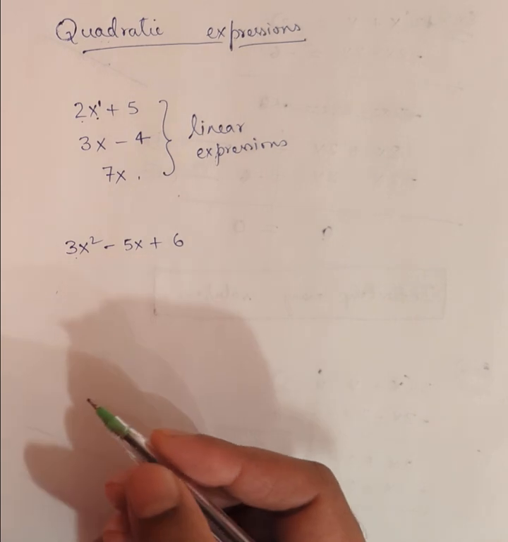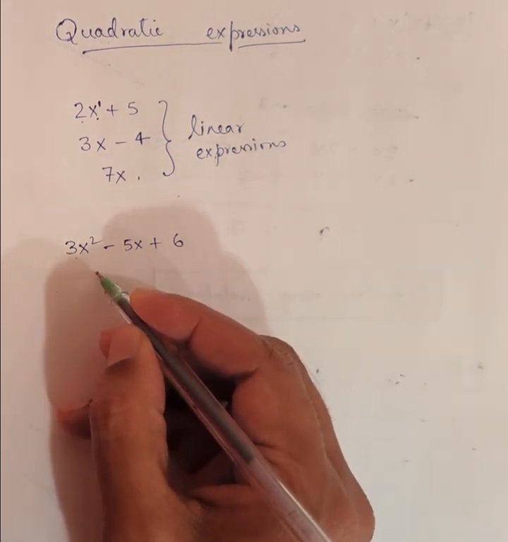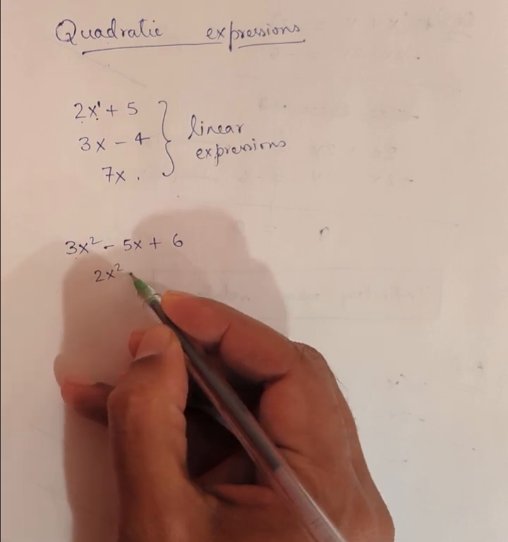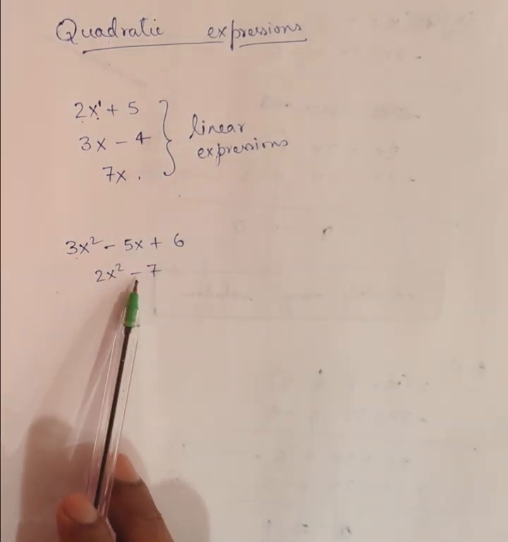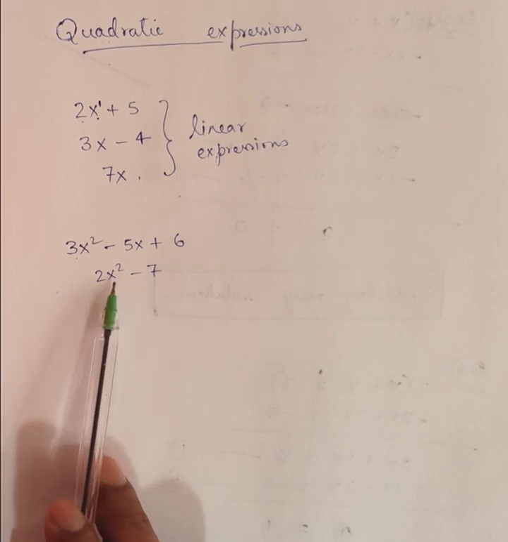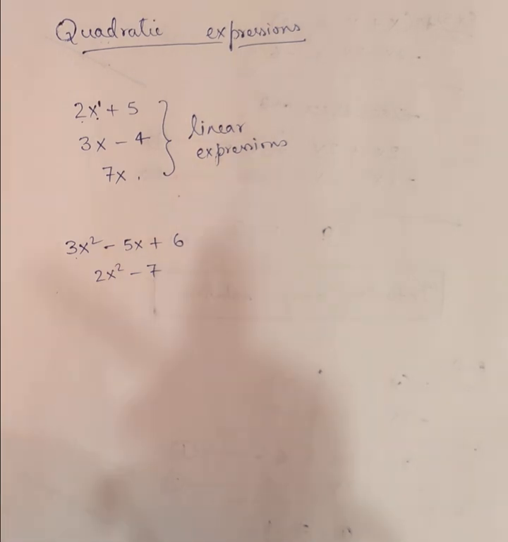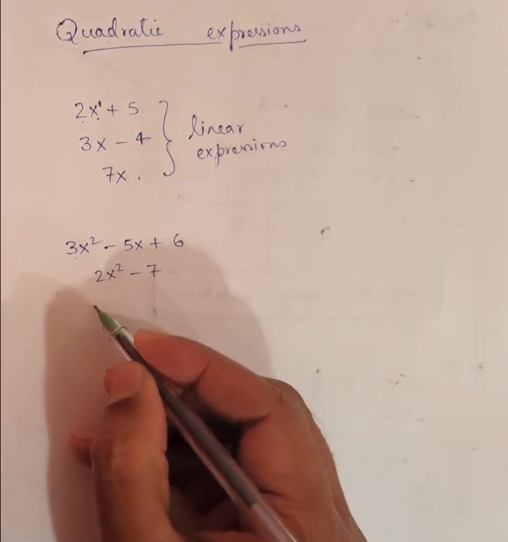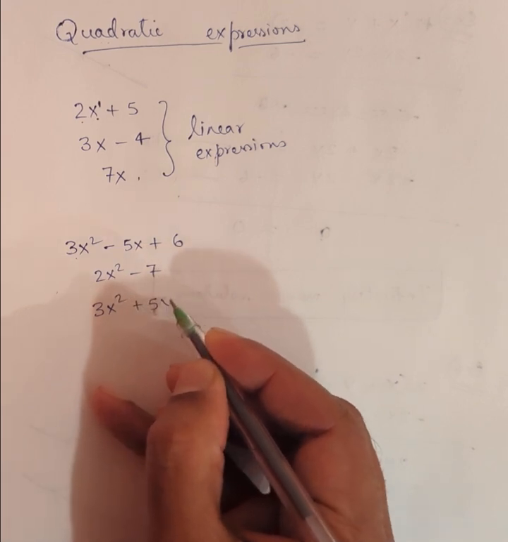Now, what are some other examples of quadratic expressions? Let's say 2x square minus 7. Notice here I don't have an x term, but that's okay. The highest power is 2 and I have a constant term. And sometimes I may have an x term like 3x square plus 5x.